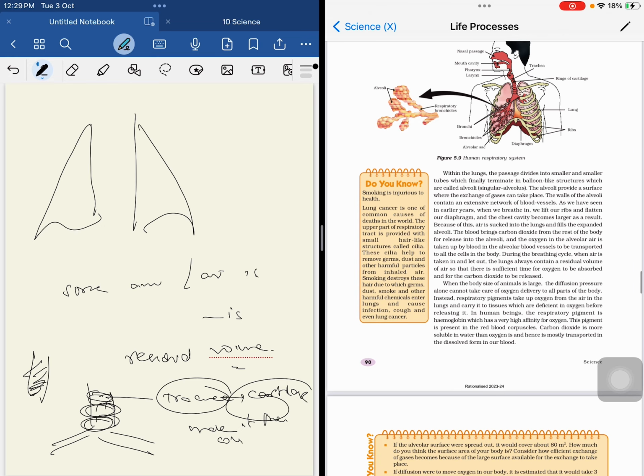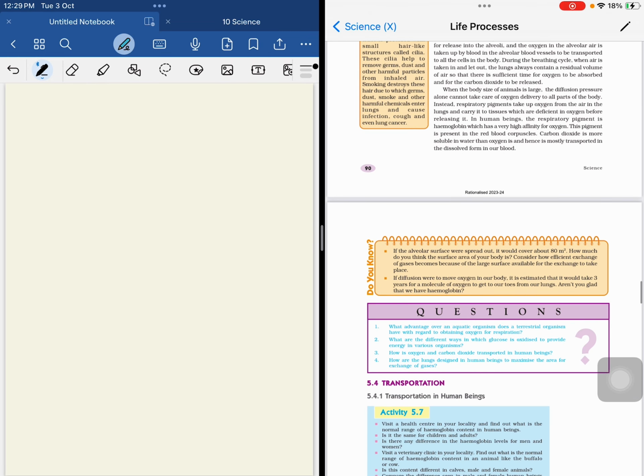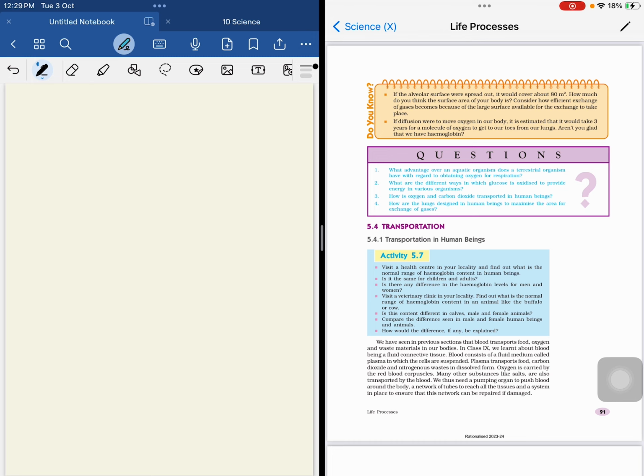Next, the questions laid down for us. What advantages does a terrestrial organism have over an aquatic organism with regard to obtaining oxygen for respiration? Terrestrial organisms are present on land.